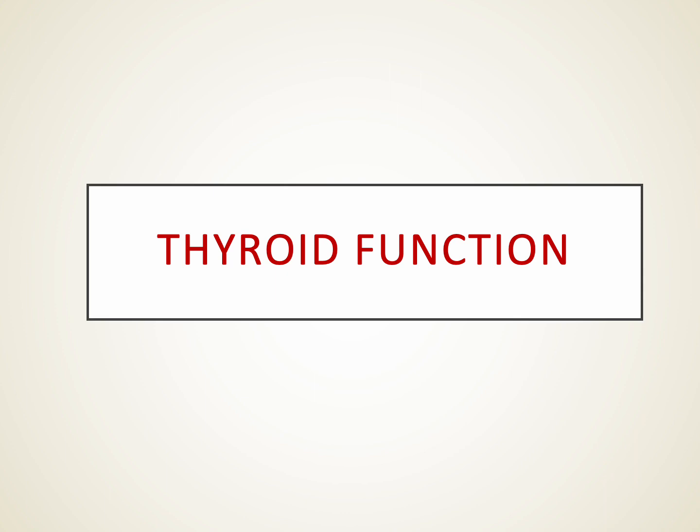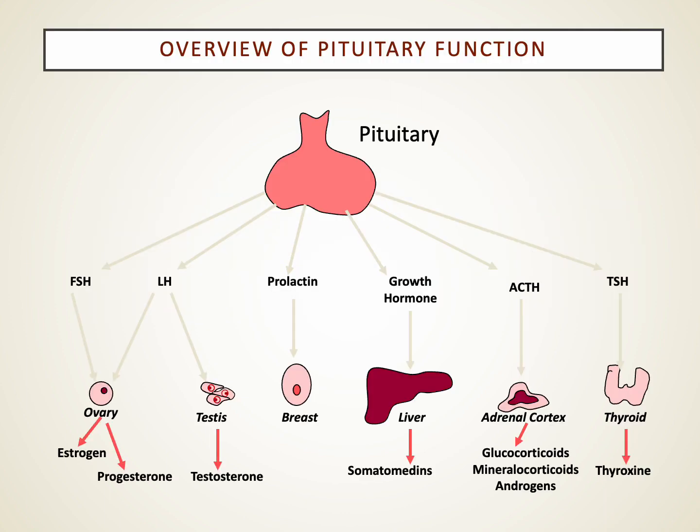So let's first focus a bit on thyroid function. If we look overall at the role of the pituitary as it relates to thyroid, the pituitary secretes thyroid-stimulating hormone, you can see this on this graphic on the far right, which stimulates the thyroid gland to release thyroxine.